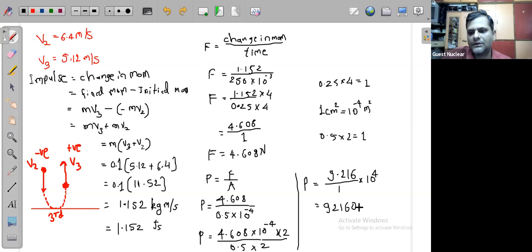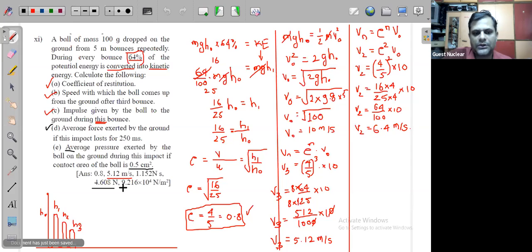However many zeros you add, it makes no difference. This is the final answer, which is going to be in Pascal, or we can say Newton per meter square, which is the standard unit of pressure. Yes, 92160. That means 9.216 into 10 raised to 4 Newton per meter square, which is the answer of this fifth question here. If you have any doubt, just put it in the chat box.